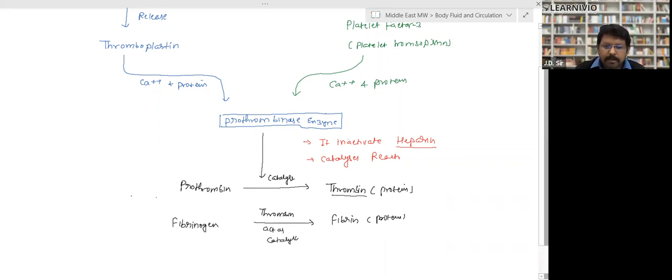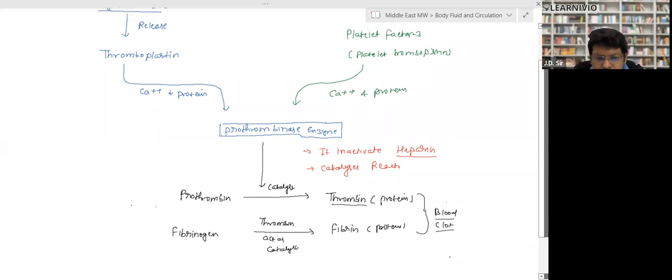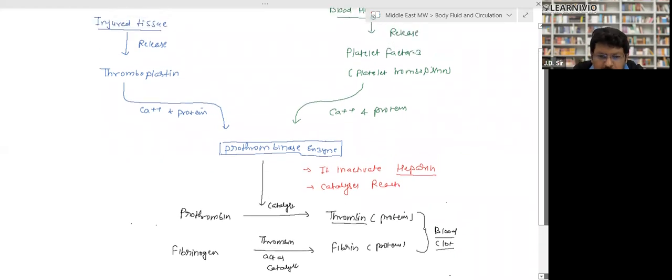Now these thrombin and fibrin both will accumulate above the injury, and these are the two substances which make the blood clot on the injury, and the blood will stop oozing out. Is it clear or not? Is the flow diagram clear?